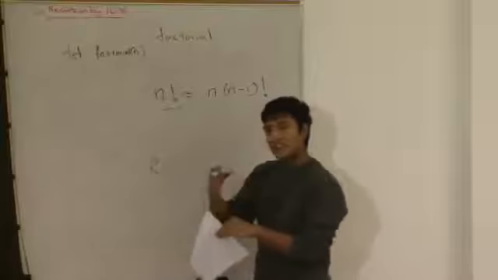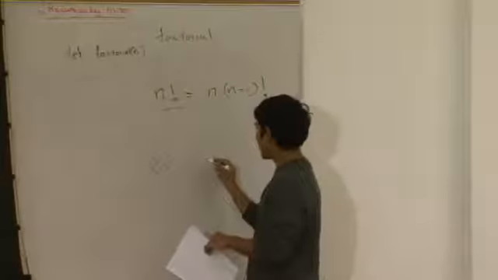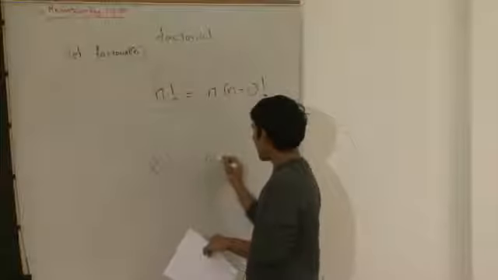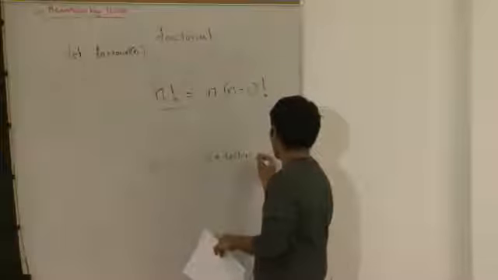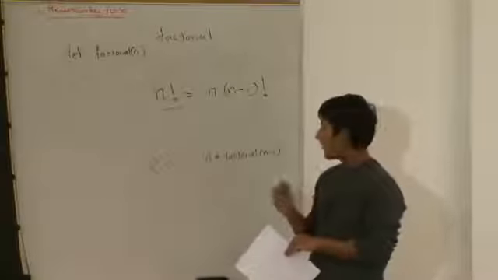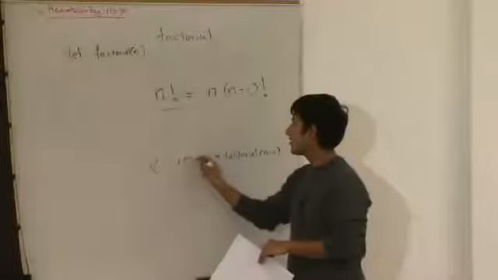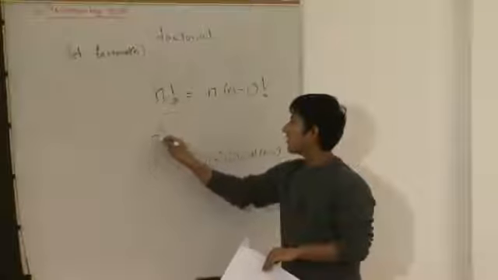I'm asking for the recursive function. What will that be? n into factorial n minus 1, right? And you just return this. What will be our base case?